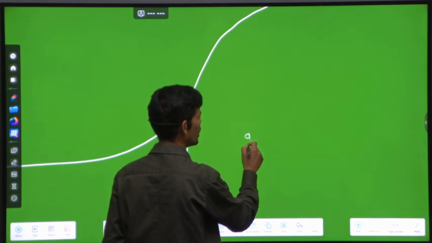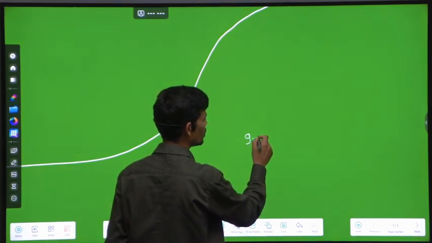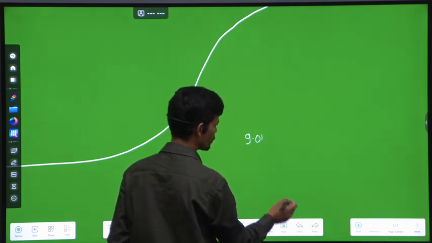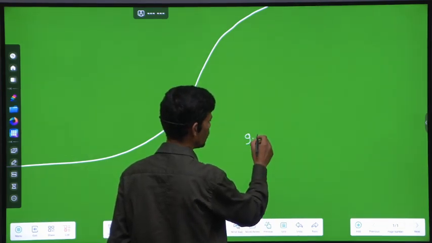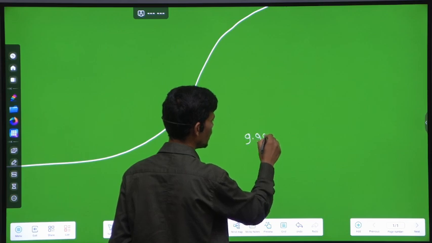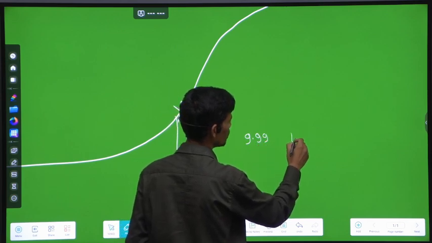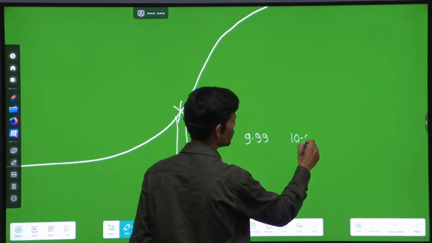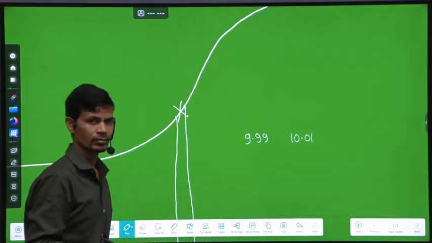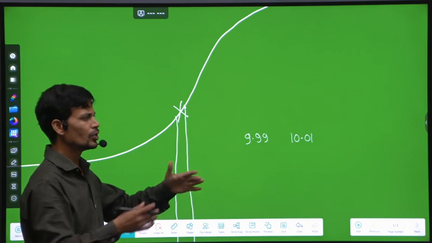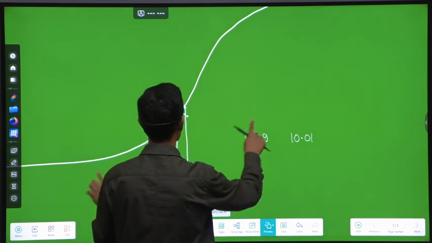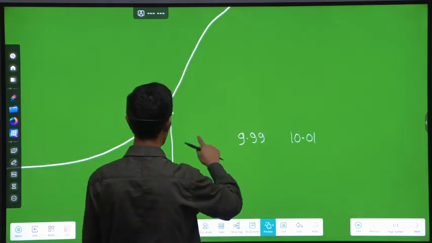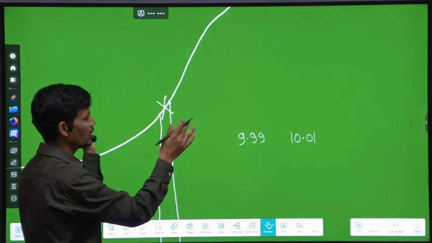I can take the interval 9.99 to 10.01, and so on and so forth. I can reduce it further and further. I can magnify it again and again.